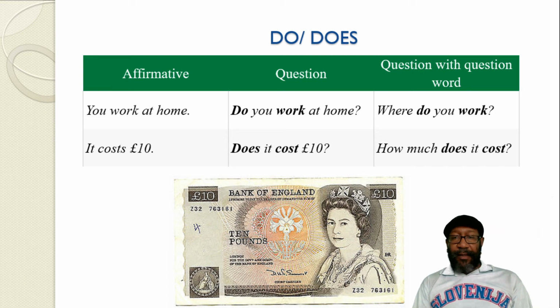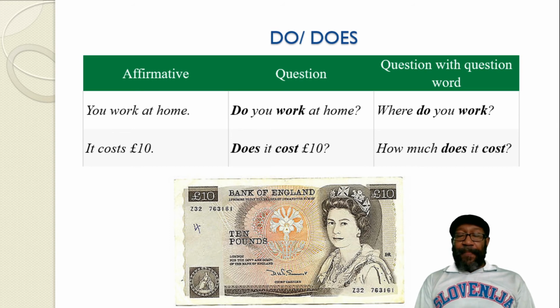We have here some examples. You work at home, and the question, do you work at home? And with the question word, where do you work? So here you see the example without the question word and with the question word. So it's up to you to check what's the best way to question somebody about it.